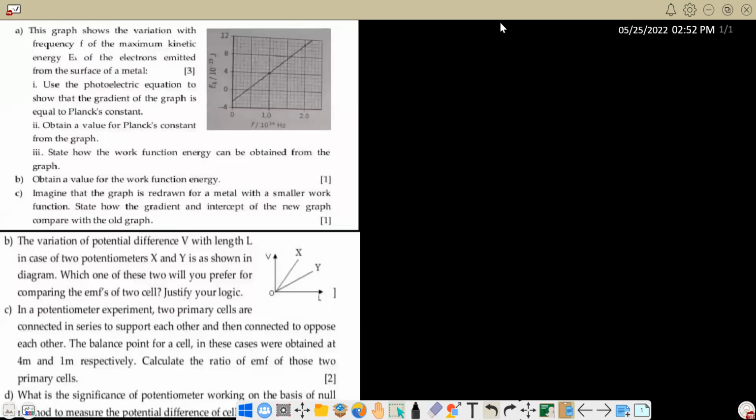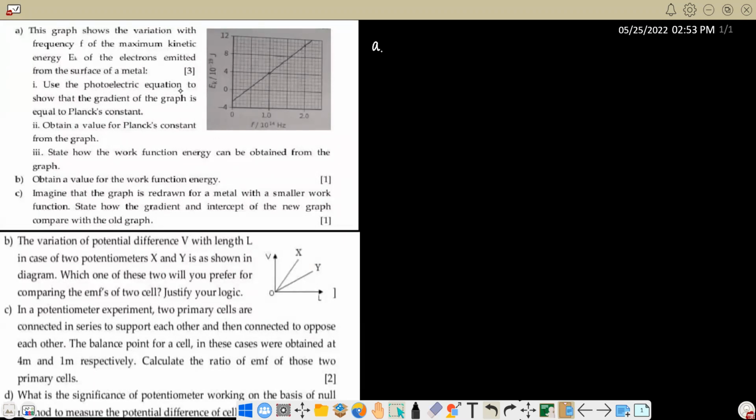Okay, let us continue the discussion. Again, this question is related to the photoelectric effect and we will be continuing this one. So here, maximum kinetic energy, the graph is here, and this graph shows the variation with frequency and maximum kinetic energy EK of the electron emitted from the surface of a metal.